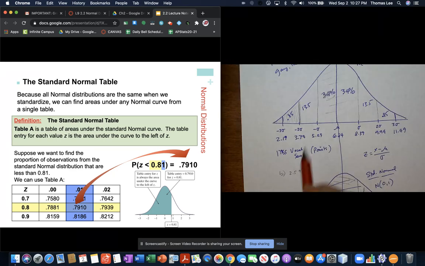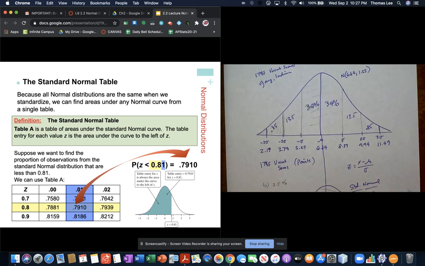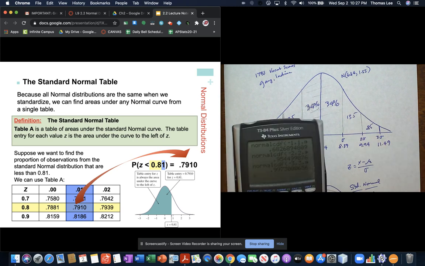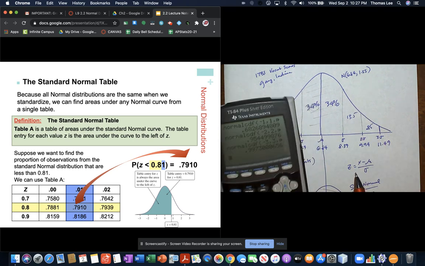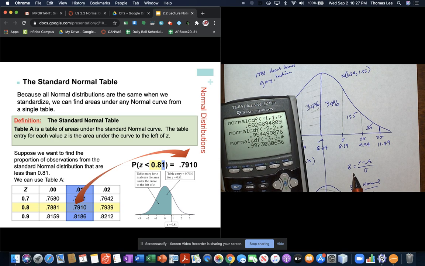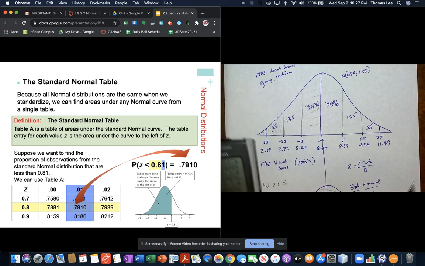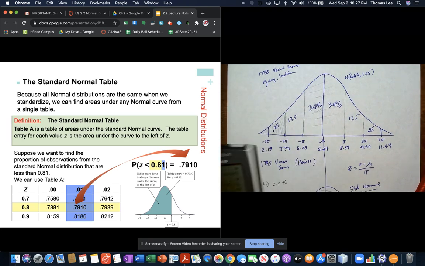You can change the mu and the sigma, so if you know them, you can just put them in here. What the calculator technically does, the way it's programmed, is standardize all the data and then use the standard normal.